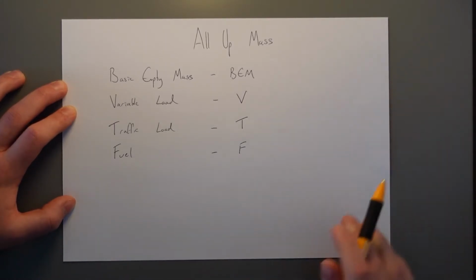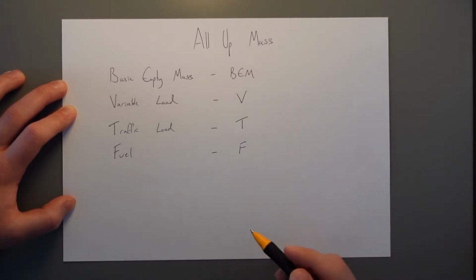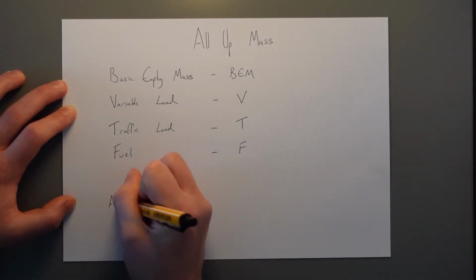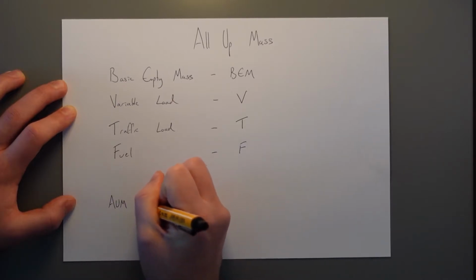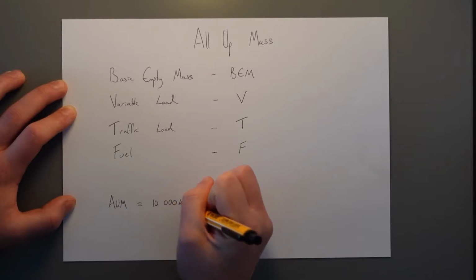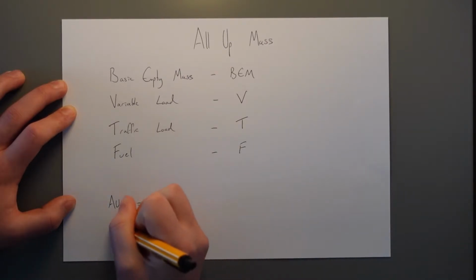So a quick example of how we'd use these things is if we get given an all-up mass of 10,000 kgs and we're asked to find the traffic load.